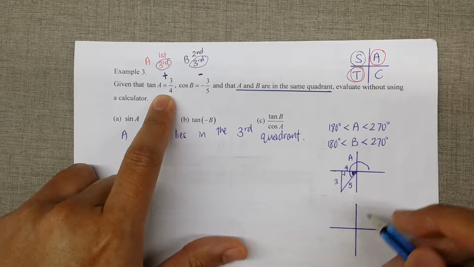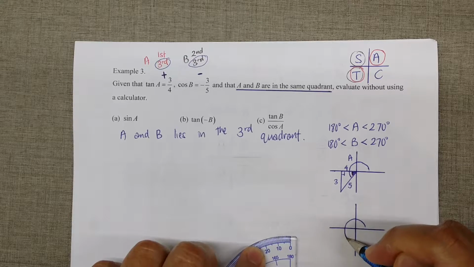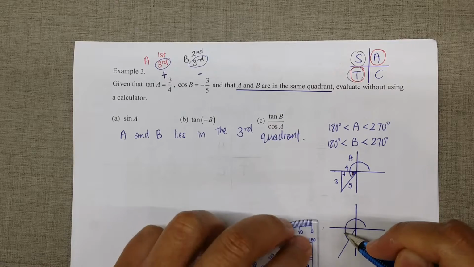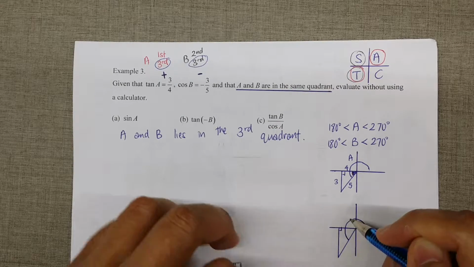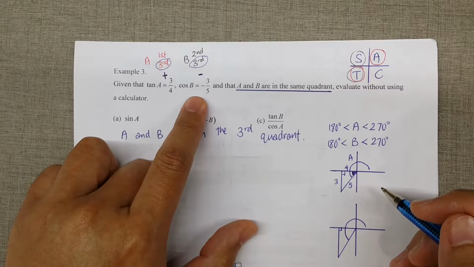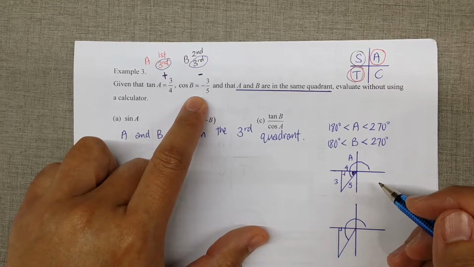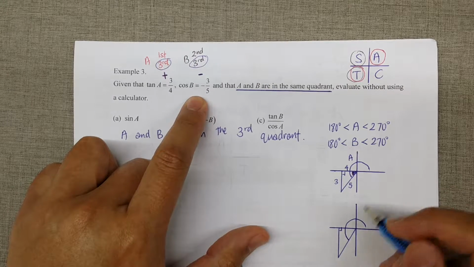Angle B is also in the third quadrant. Let's draw another triangle. For angle B, they say cosine B is -3/5. So cosine, as you recall, is adjacent over hypotenuse.